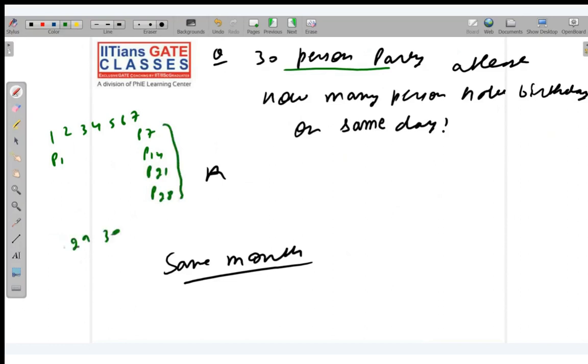So see this, 4 and 1 is 5. So at least 5 will have a birthday on the same day. That is guaranteed. Now you will get the sense of division: 30 divided by 7, ceiling function. So 5 is the answer.